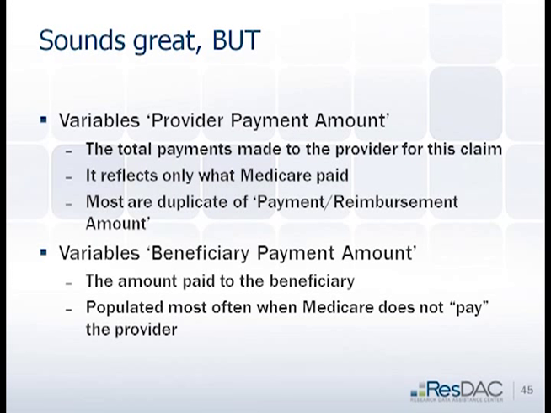Medicare doesn't want to reimburse the provider for that, because the beneficiary has already paid the provider. So when this claim is submitted, Medicare knows not to pay the provider. You'd find a 0 in the provider payment amount, but then you'd see the $250 in the beneficiary payment amount field, because the beneficiary actually paid the provider for that service.